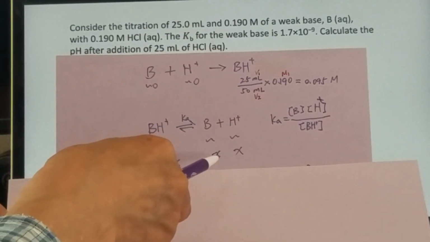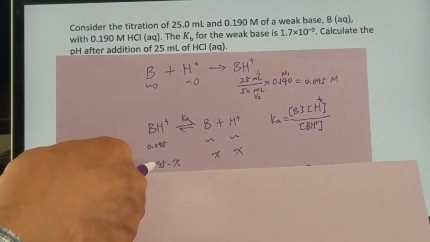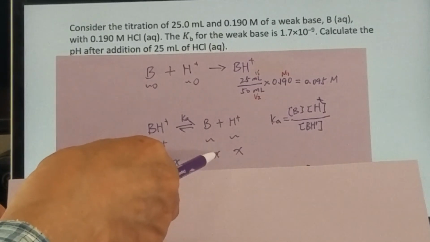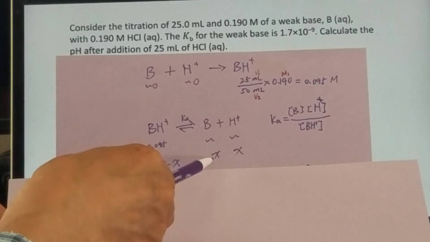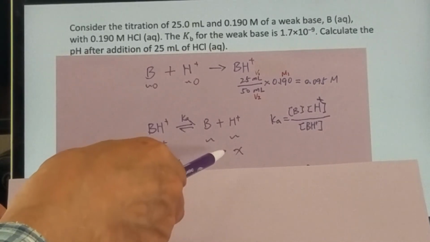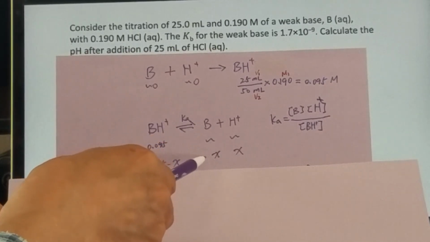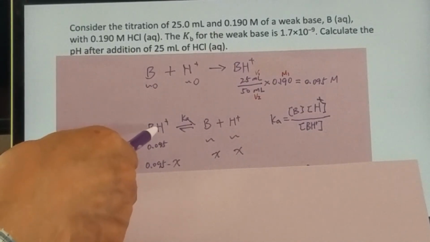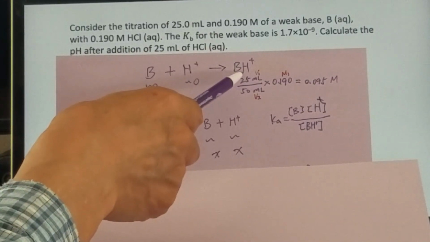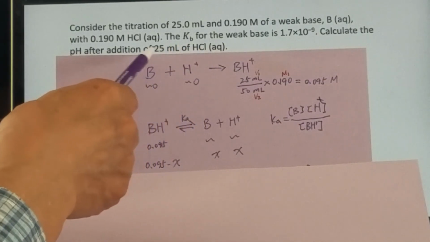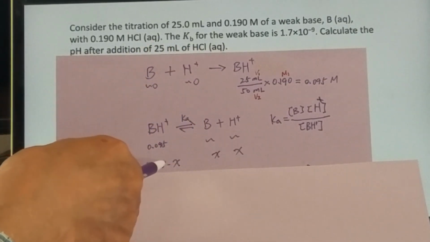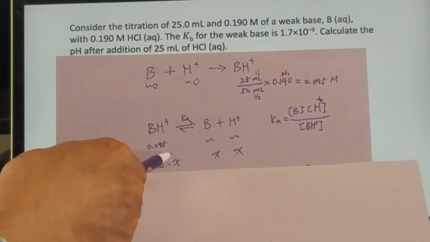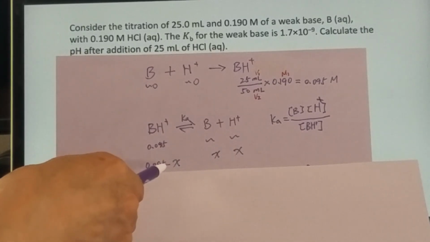So again, we are using the relative quantity. So for BH plus, the product right there at the equivalence volume, that should be reduced by X, okay?